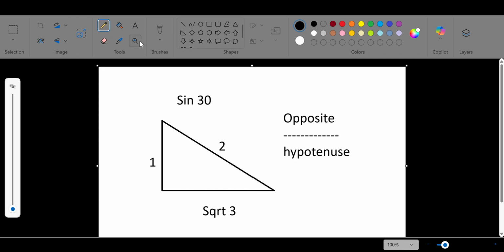So let's just sketch that. Yeah, this is about 30 degrees. So the opposite of this is 1, and then the hypotenuse is 2. So it's 1 by 2. So it's that easy. So I guess that's the entire video then.